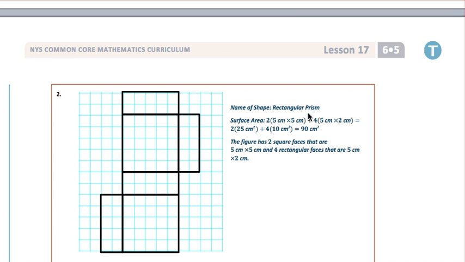And we do the math and find that the surface area is 90 square centimeters. It has 2 square faces, and those would be the bases. The 2 shapes that are different from the rest would be considered the base of the shape. And then the other rectangles are simply the sides.